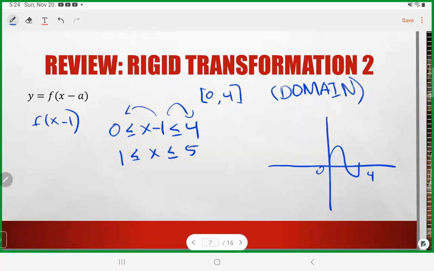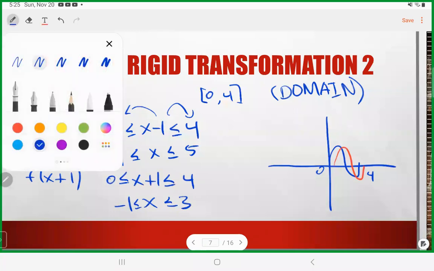So if you're subtracting something, you are actually moving to the right. Now if you do f(x plus 1), then you put that in the domain, and it's going to be negative 1 to 3. So you can see you're actually shifting it left this time.